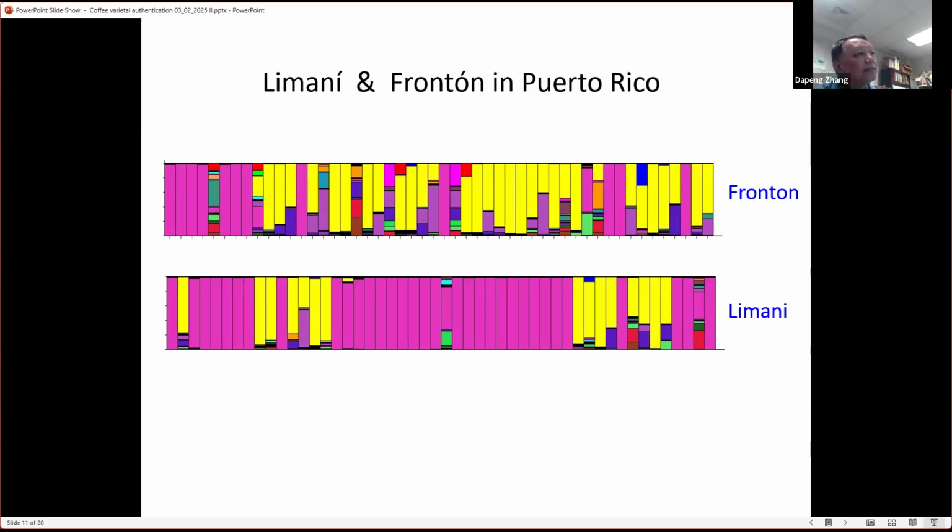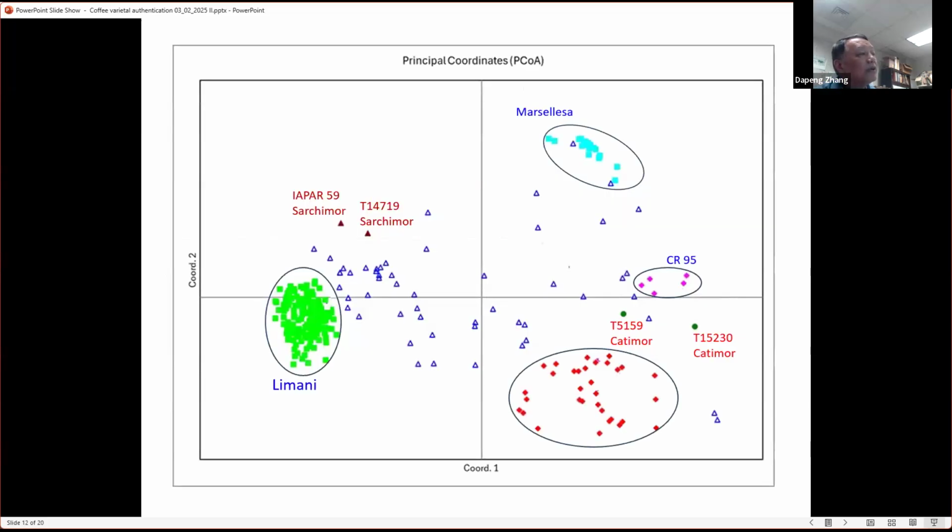So based on this result, we selected the so-called pure line from each variety. And then we compared with the reference Sachimor and the reference Catimor, such as Costa Rica 95, Marsellesa, and different reference varieties.